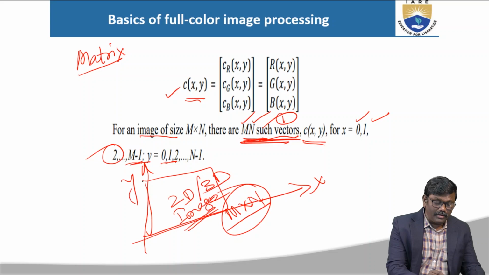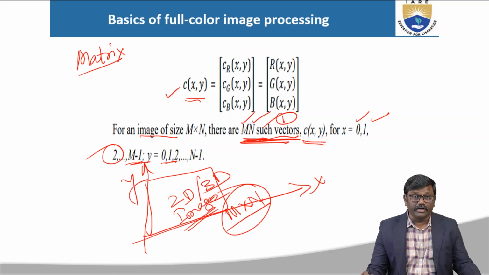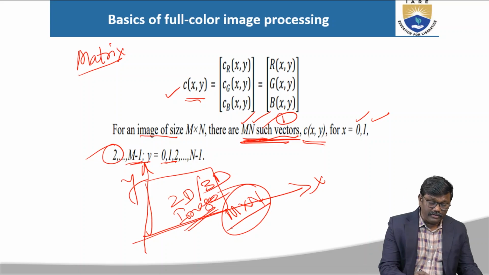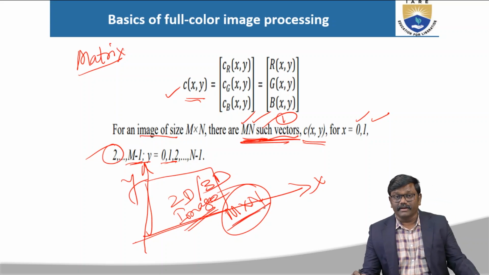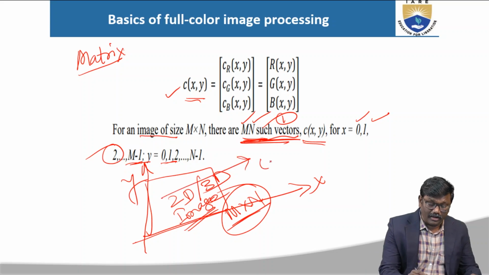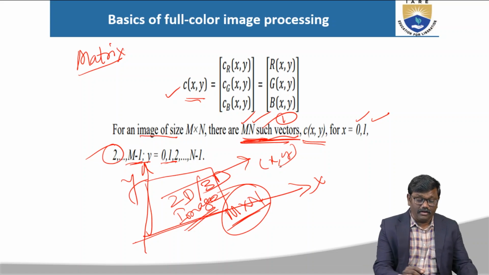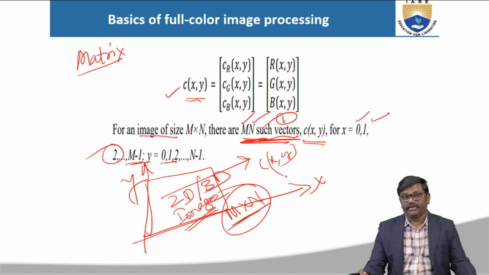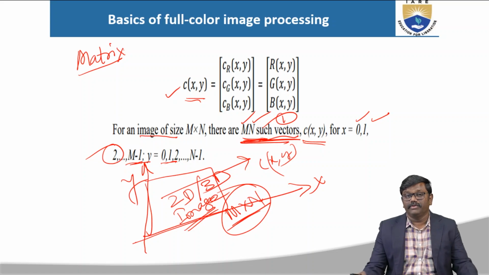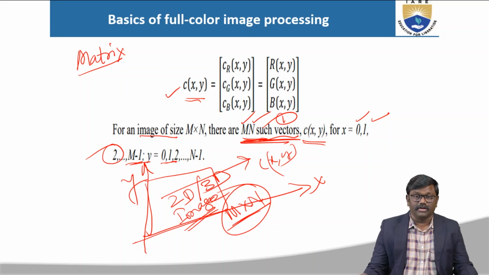So x and y Cartesian coordinate values vary with respect to the MN vectors. This objective function C of x comma y, we need to understand in terms of x and y Cartesian coordinate values.